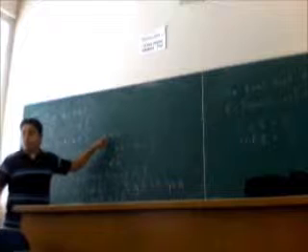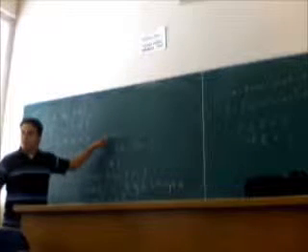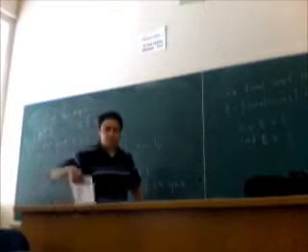Let me maybe step back. To be a lower bound means nothing smaller than you is in the set. If alpha is a lower bound for E, nothing smaller than alpha is in E. So I'm going to take something smaller than alpha and show you it's not in E. Does that make sense?